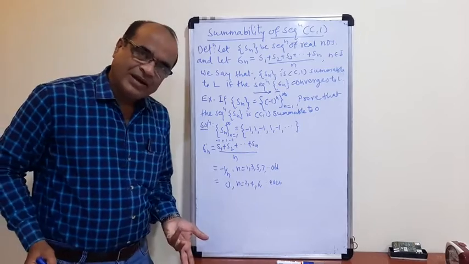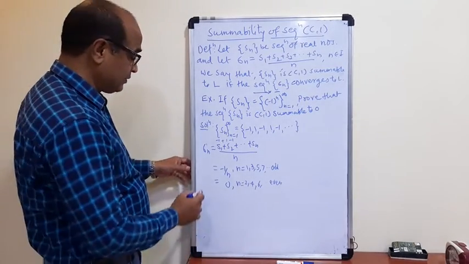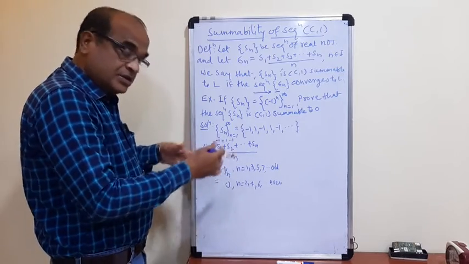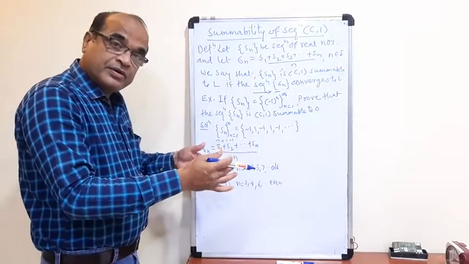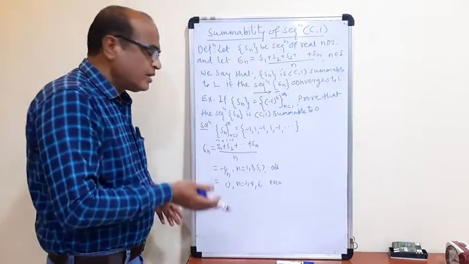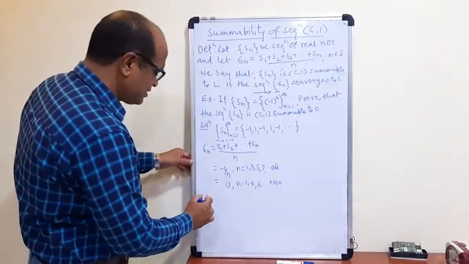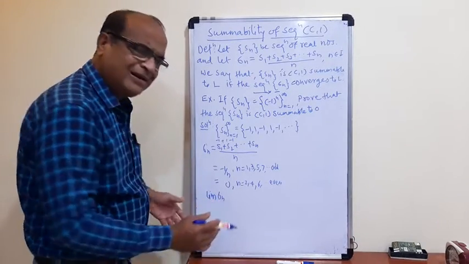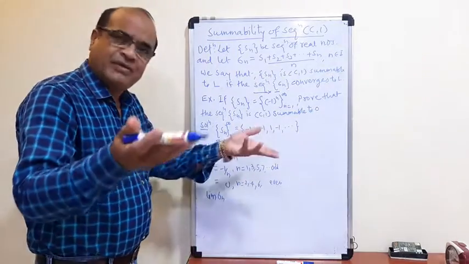So we find the limit of that sequence. We find sigma 1, sigma 2, sigma 3, sigma 4, and we get this sequence. What is the limit of the sequence? We find the limit of the nth term, and we automatically get the limit of that sequence.